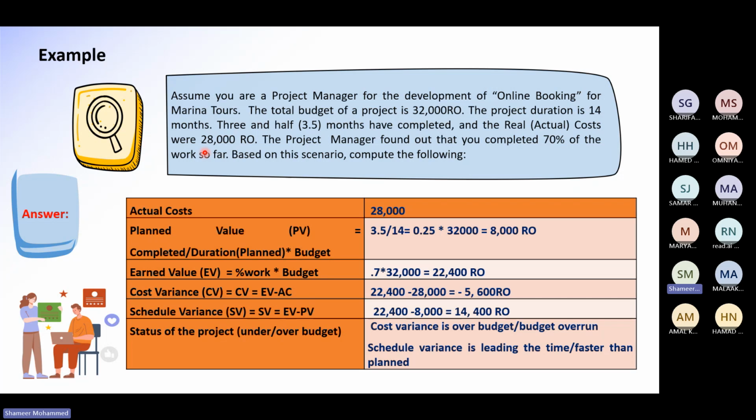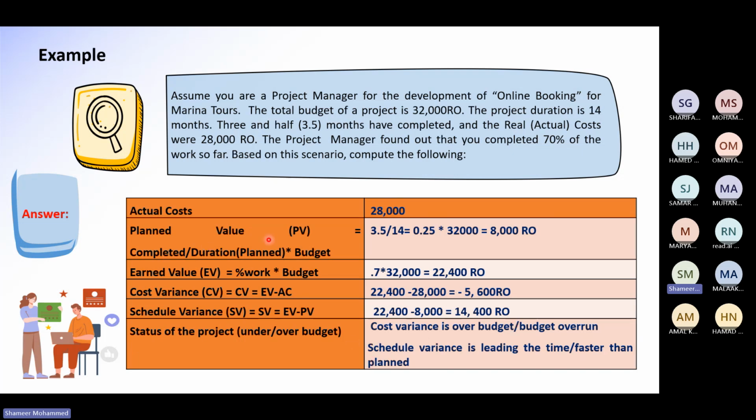The actual cost is 28,000. So project manager found that you have completed only 70% of the work so far. So from 100%, you have completed only 70%. So based on this scenario, you have to calculate what is the planned value, what is the earned value, cost variance, schedule variance. Then you say the judgment.